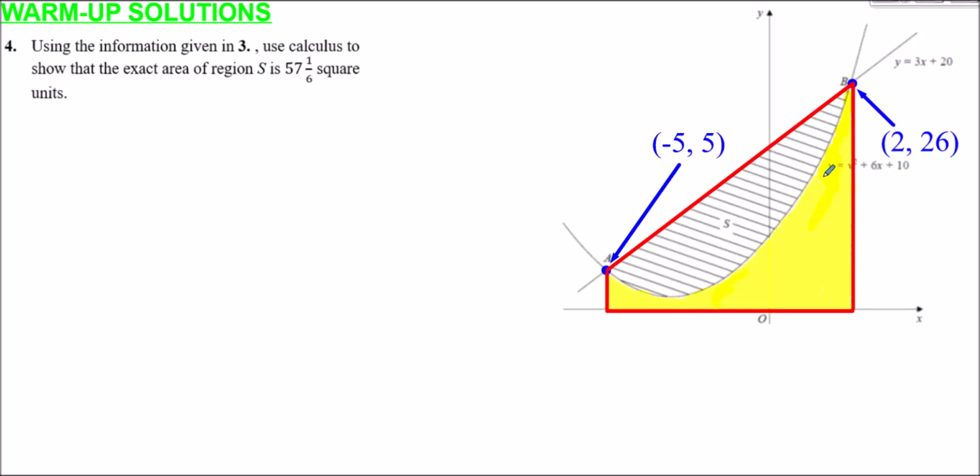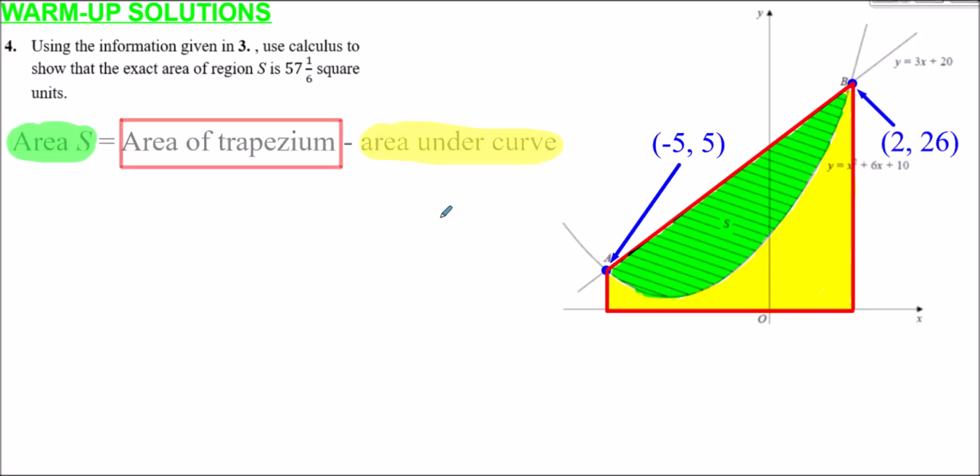So what's left, this region here, which I'm going to put in a nicer green, I can think of as this green region, S, which is what I'm trying to find, as being this whole trapezium with this yellow area subtracted. In other words, S is the whole trapezium minus the area underneath the curve, as follows.